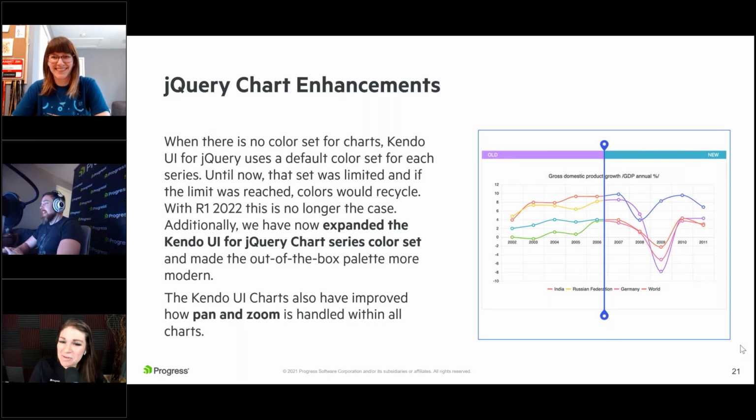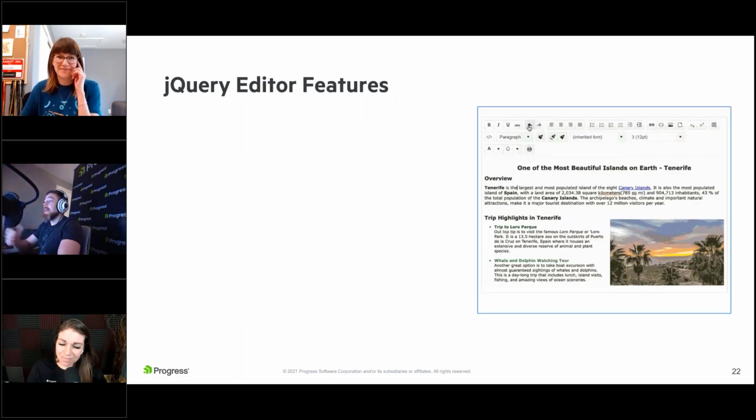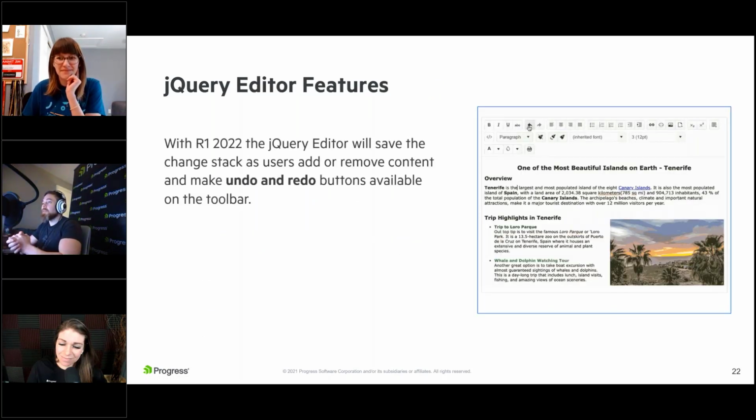But speaking of jQuery, we continue to have more stuff to chat about. For the editor, we also added the ability to do undo and redo actions within the editor itself. Previously this was available, but we relied on the browser's built-in undo redo functionality. If you've ever dealt with that in a larger text form, like a text area, you know that it's not necessarily, oh, I just wrote this sentence, let me undo that.